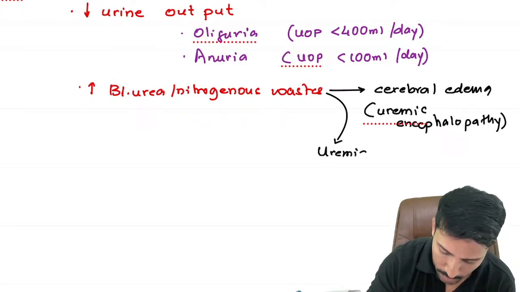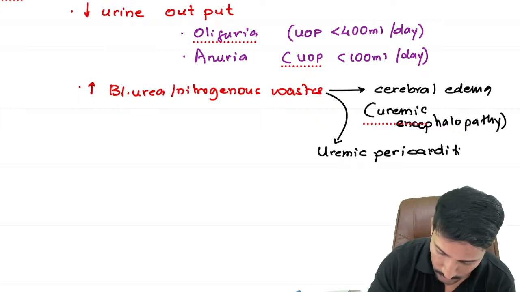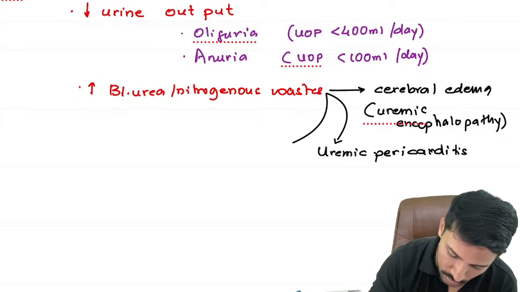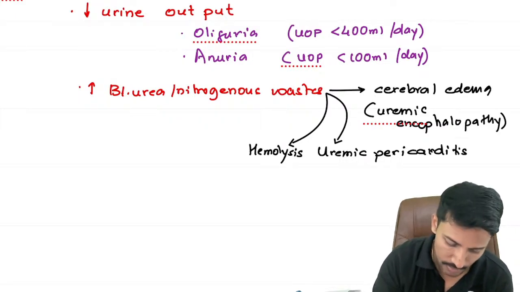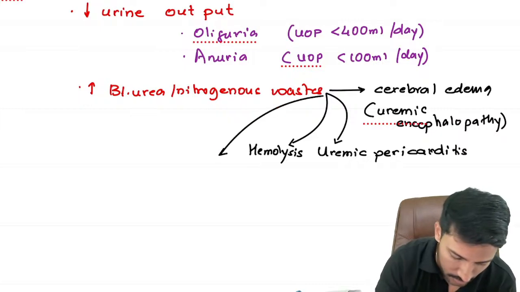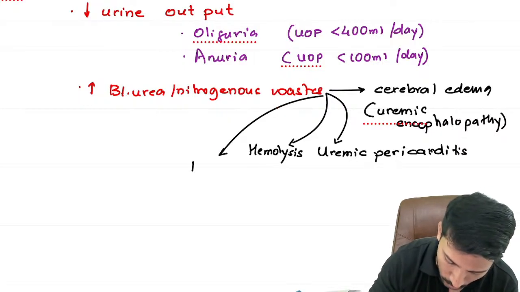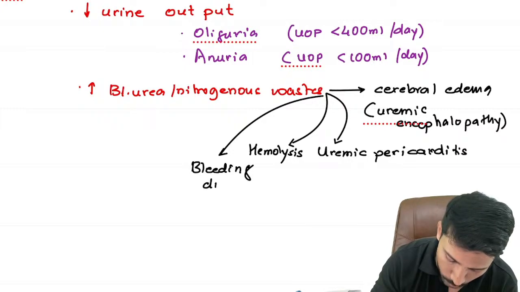We will call it uremic pericarditis. Being osmotically active, it can also cause hemolysis. High urea levels can cause hemolysis. High urea levels interfere with the coagulation cascade, and they can also cause bleeding diathesis, or tendency to bleed.